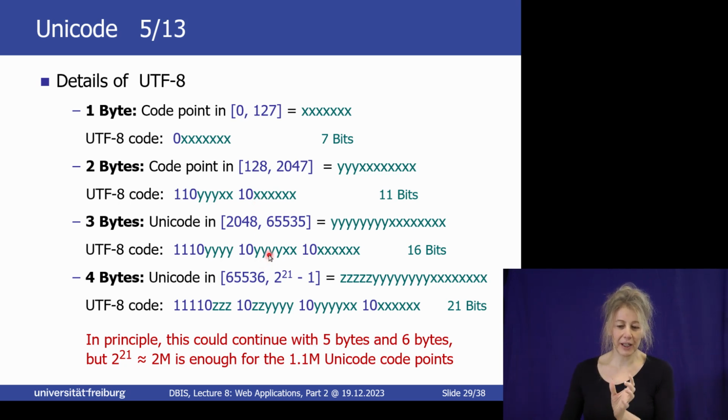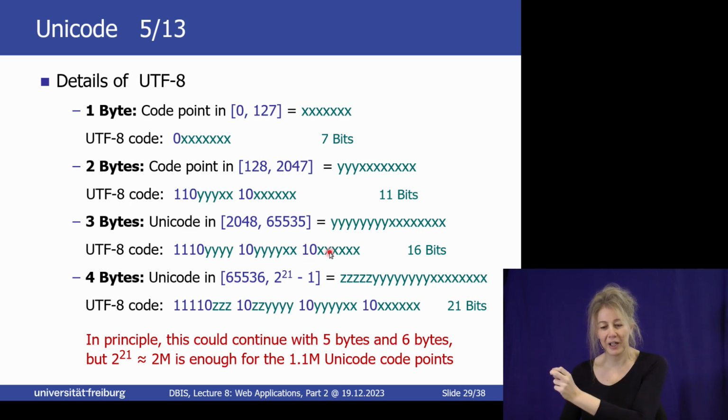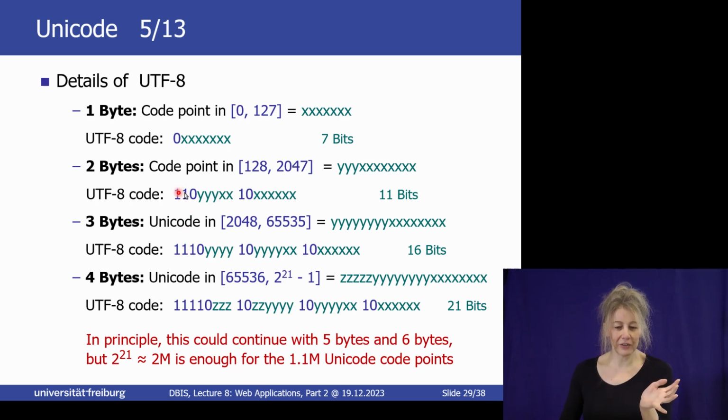Well, just looking at 1 byte, you know what's going on. If it starts with 1, 0, then you know you are in the middle of a sequence. So go a little bit to the left or to the right until you find one that starts with 1, 1, 1, 1, 1, or 1, 1, 1, or just with a 0. Then you know that you are at the beginning.